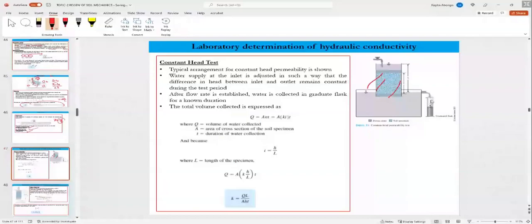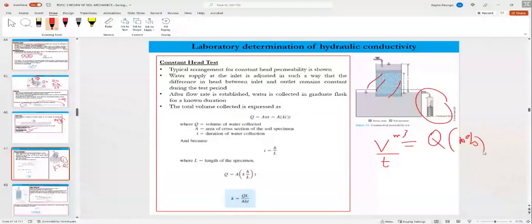We stop and measure the time as the water is collected in the cylinder. So we know the volume of water that fills the cylinder over the time. That gives you volume in meters cubed over time in seconds, which is the quantity of seepage, in meters cubed or centimeters cubed per second.